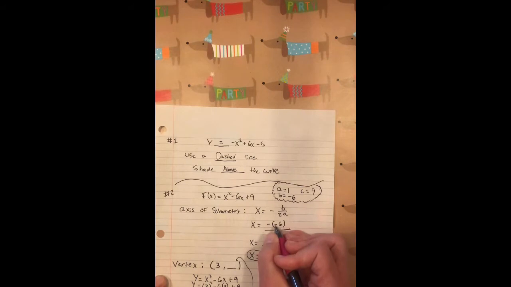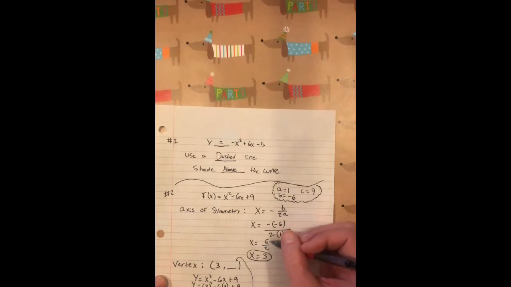What is a negative times a negative? A positive. So we have +6 on the top. What is 2 times 1? 2. And then simplify the fraction again. 6 over 2, or 6 divided by 2, is 3. So right off the bat, what is our axis of symmetry?